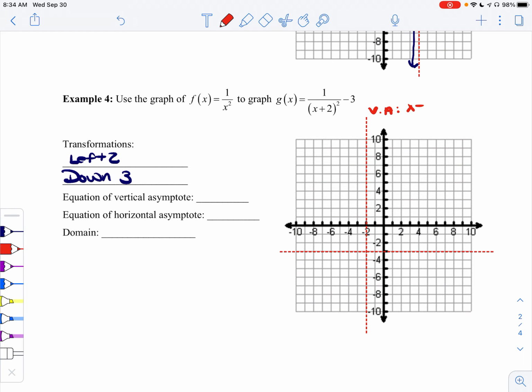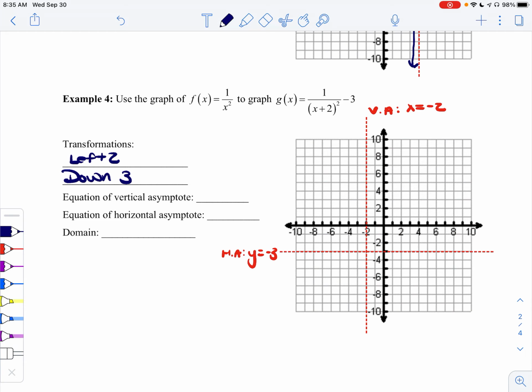are at x equals negative 2, which again, the vertical asymptote always matches up with what our domain restriction would be, what gives us a 0 in the denominator. And then our new horizontal asymptote is at y equals negative 3, and that always matches up with our vertical shift up or down.